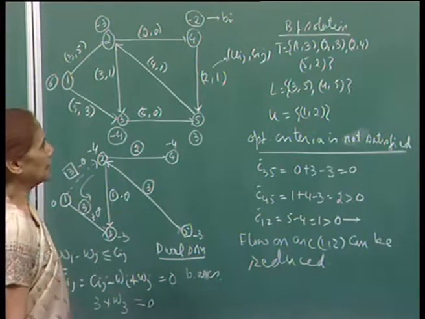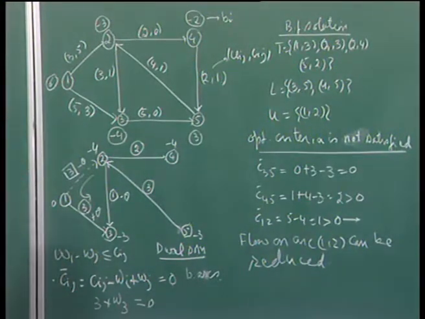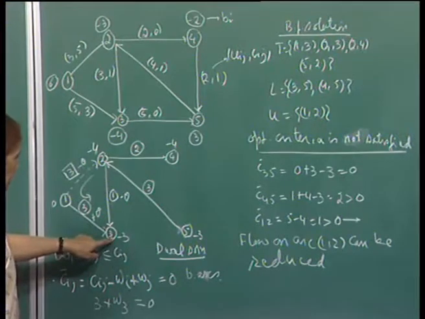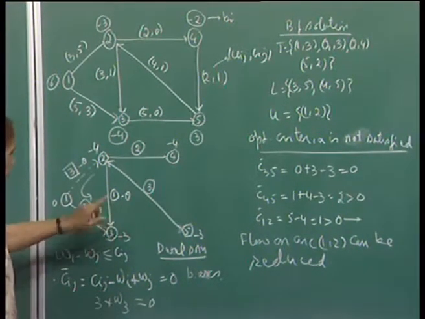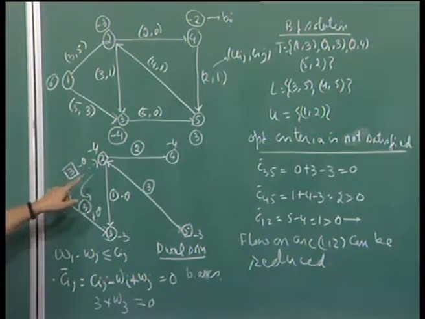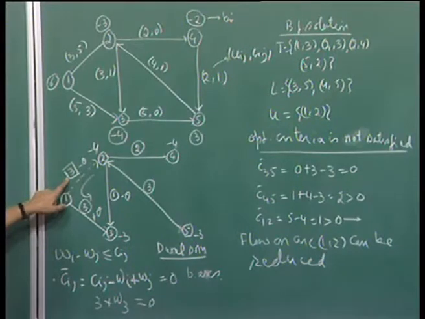So, the value of theta comes out to be 1, and now you need to update the flow on the tree, and you see that arc 2 3 becomes now a non-basic arc at its lower bound, because the flow has reduced to 0. Arc 1 2 now becomes a basic arc, because the flow on it is not equal to its upper bound.